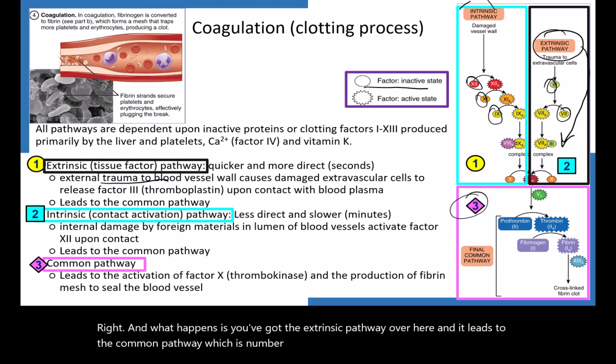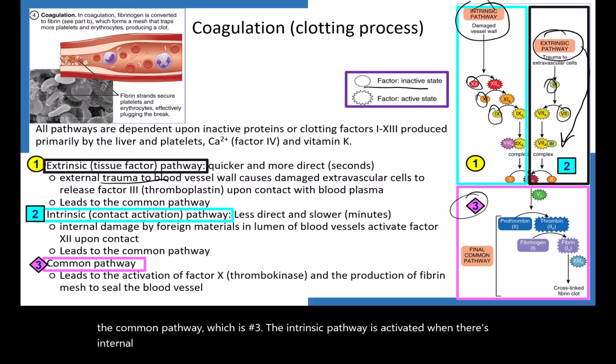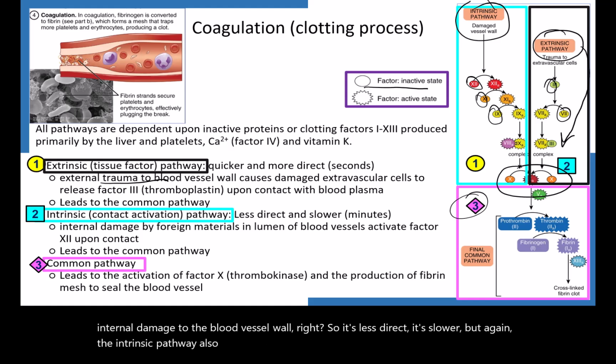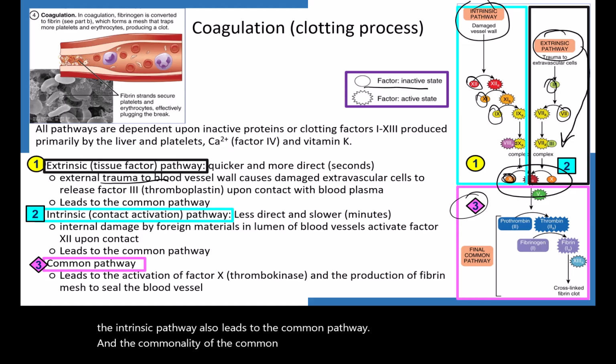The intrinsic pathway is activated when there's internal damage to the blood vessel wall. It's less direct and slower, but it also leads to the common pathway. The commonality of the common pathway is the activation of factor X, or 10.